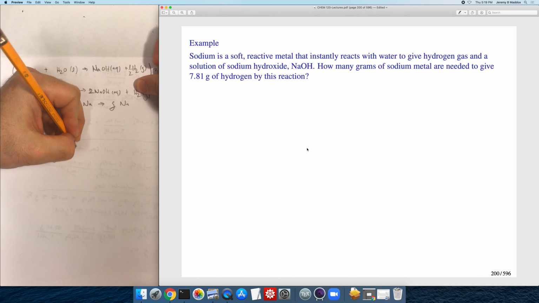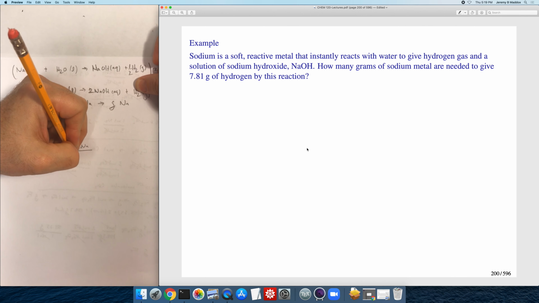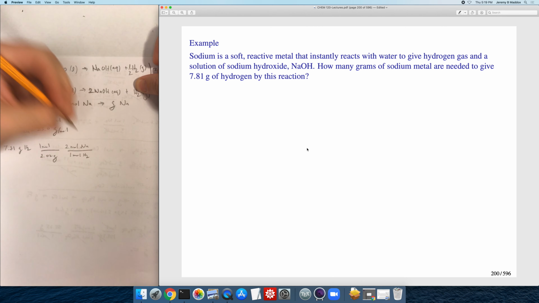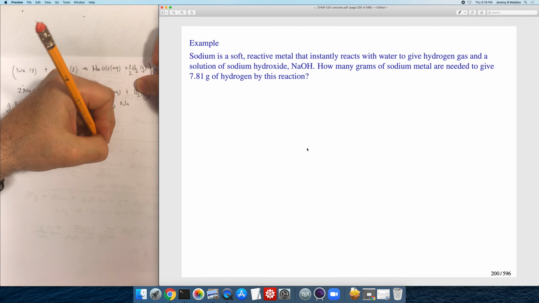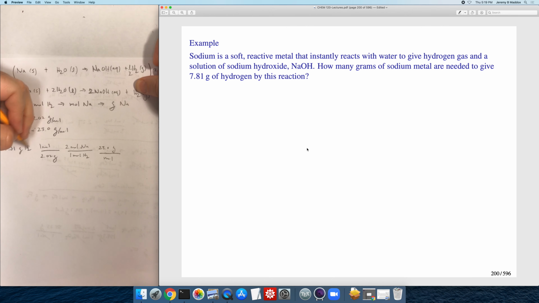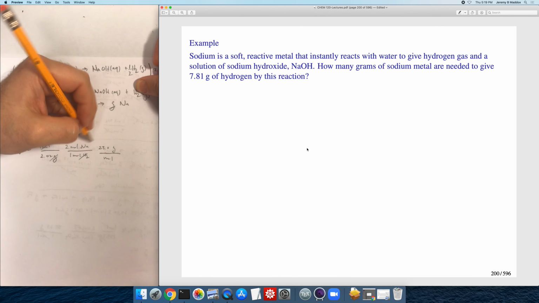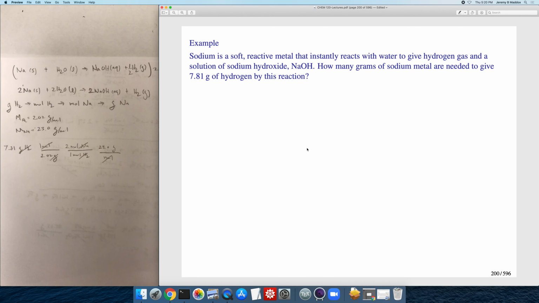So we want the sodium in the numerator and the hydrogen in the denominator so that it cancels out. And then finally, we'll multiply by the atomic mass of sodium. So our grams of hydrogen will cancel, the moles of hydrogen will cancel, the moles of sodium will cancel, and we'll be left with the grams of sodium.